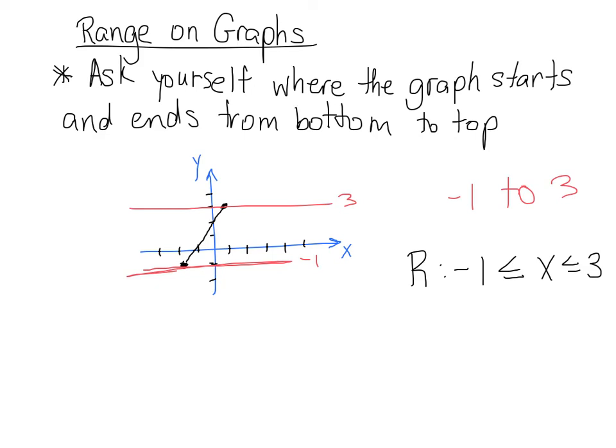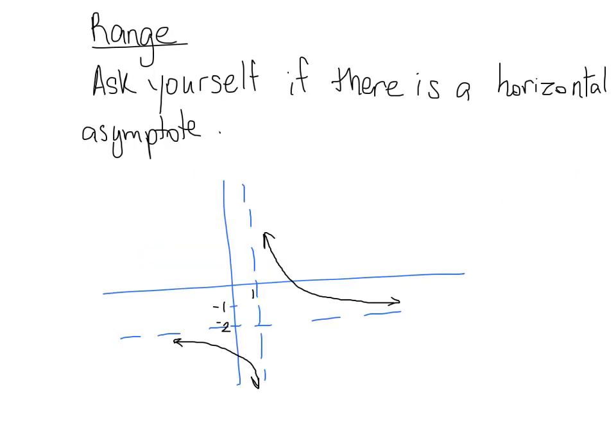Now, the same variations will happen for range as it did for domain. So let's quickly go through them. Okay, so similar question, but instead of asking if there is a vertical asymptote, you're now asking if there's a horizontal asymptote, and there is one. It is at y equals -2, which means that this graph is approaching -2 but will not touch it from the top.